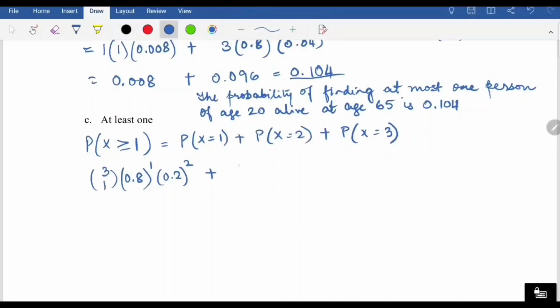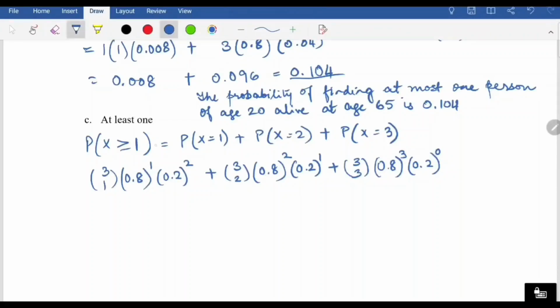Plus probability of x equals 2 would be 3 combination 2, 0.8 raised to the power 2, 0.2 raised to the power 1. Plus probability of x equals 3 would be 3 combination 3, then 0.8 raised to the power 3 and 0.2 raised to the power 0. Correct?